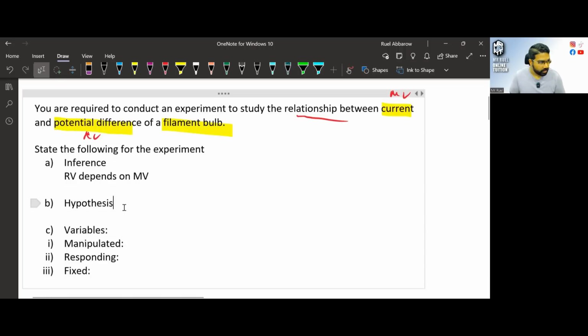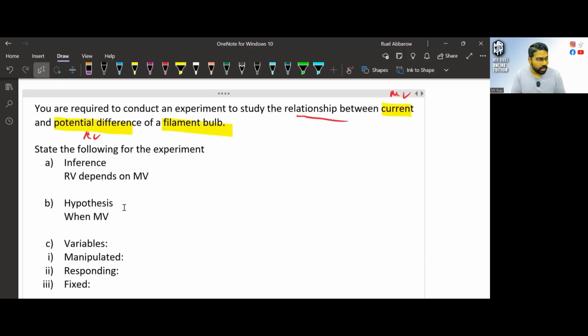Okay, what's the format for hypothesis? The format for hypothesis is: when MV increases or decreases, RV increases or decreases. You can use this format if both the variables are quantitative.